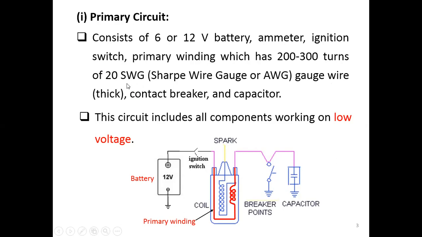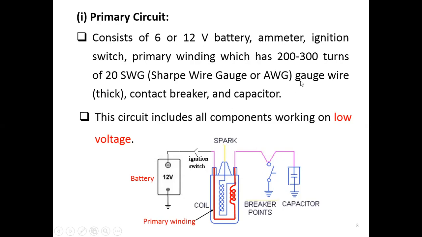SWG stands for standard wire gauge, or AWG, American wire gauge here. If the number is small, the thickness of the wire is thick. So this one is 20, which is considered small, so it's a thick one.